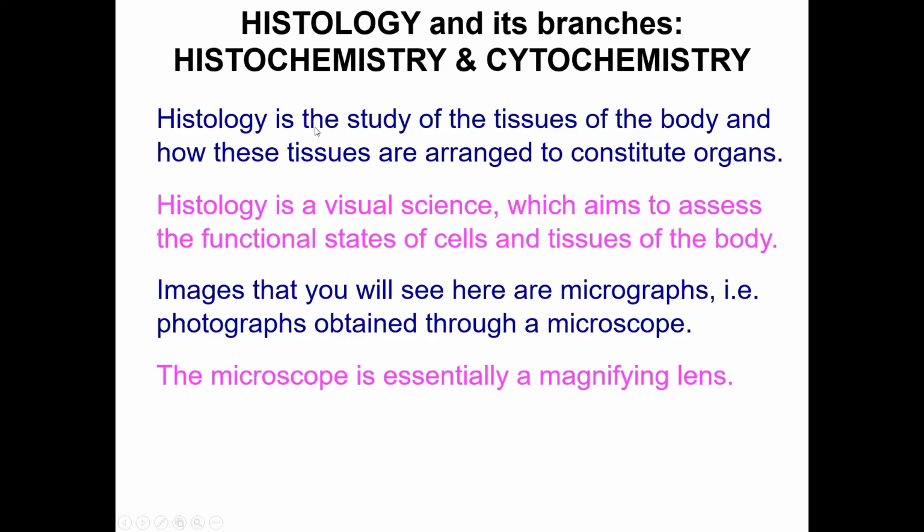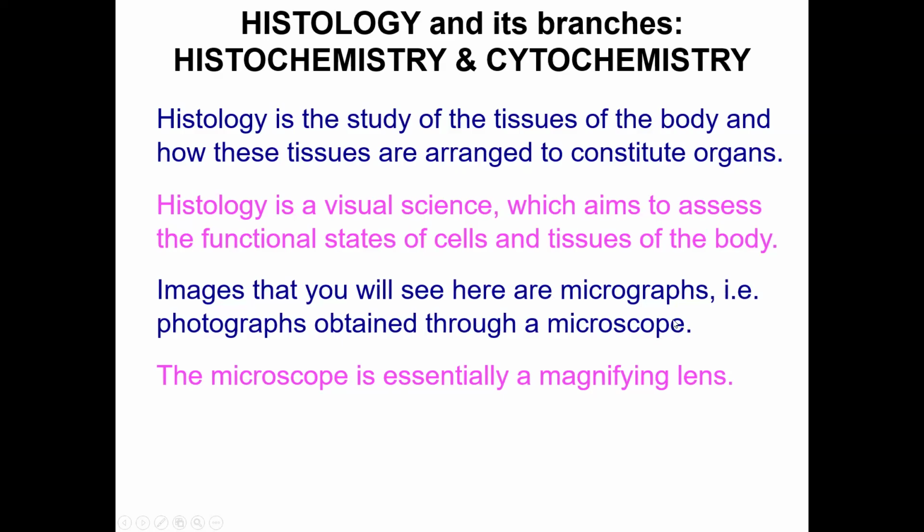So sometimes if there is a text slide, I will just read from it to make sure that we get it fast. Histology is the study of the tissues of the body and how these tissues are arranged to constitute organs. It is a visual science which aims to assess the functional states of cells and tissues of the body. The images that you will see here are micrographs, which are photographs obtained through a microscope.